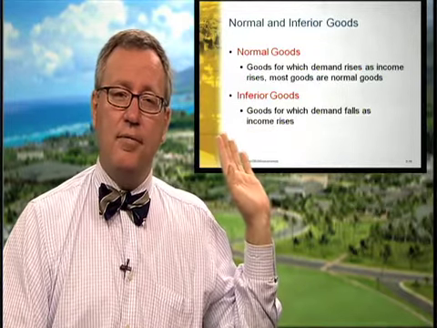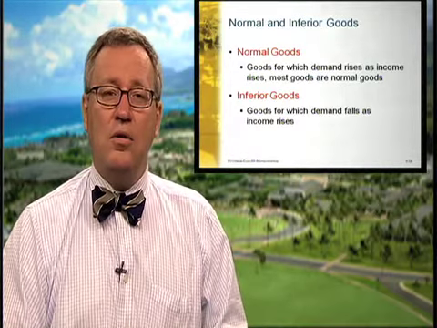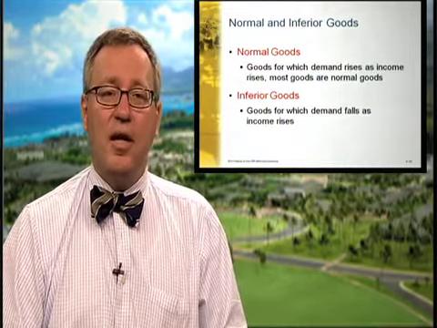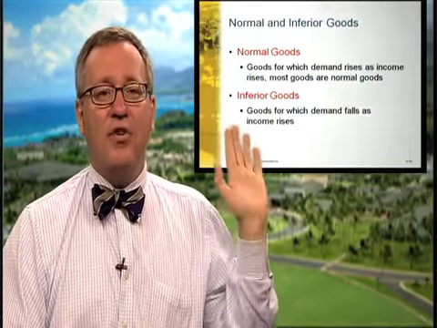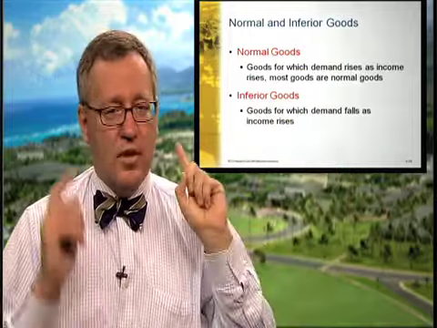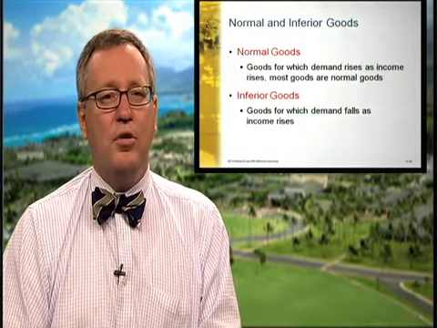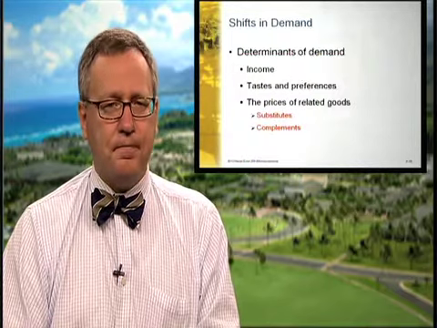It's going to go down. However, if income goes down, you no longer have a lot of money to buy Lucky Charms, and the demand for the inferior good, the oatmeal, is going to go up. So think through that in your mind and make sure that it makes sense, and we'll be able to graph that here in just a few minutes.